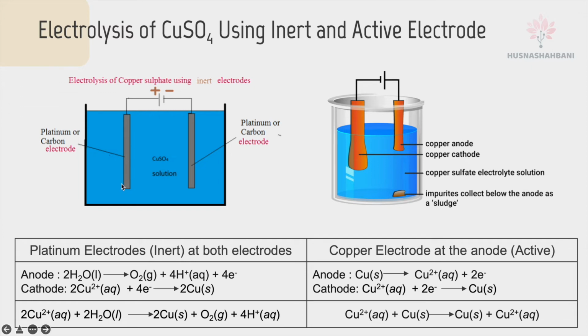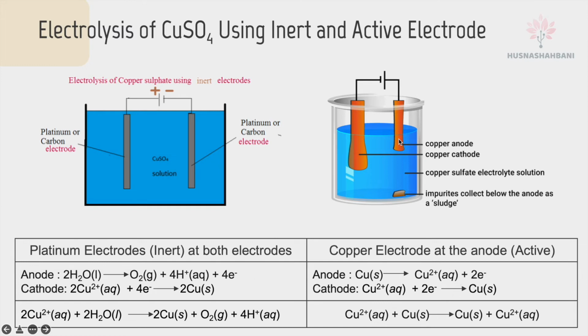At the anode here, water and SO4 2 minus are attracted at the anode. But which one will be chosen? It depends on the electrode potential value. If you use inert for both electrodes, the one that will be chosen depends on the electrode potential value.